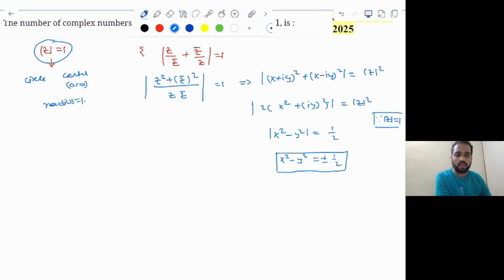Okay. Now, clearly, you have two cases here. That is why let's try to split the cases. Case 1, we have the circle equation, whose center is 0 comma 0, radius is equal to 1. So let's write down that equation as well. x square plus y square is equal to 1. And what is the other simultaneous equation?